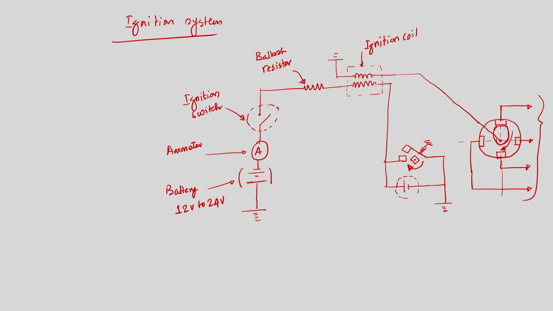We will discuss the objective of different parts which we can see in the schematic. This is the capacitor, or in many books it is written condenser. This is the breaker points. These are the breaker points, and this is the breaker cam.